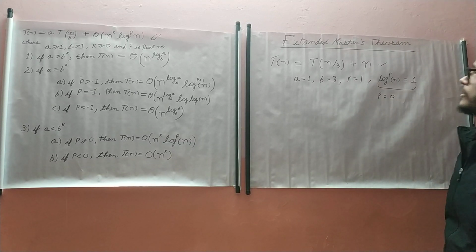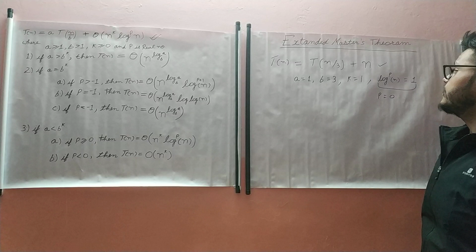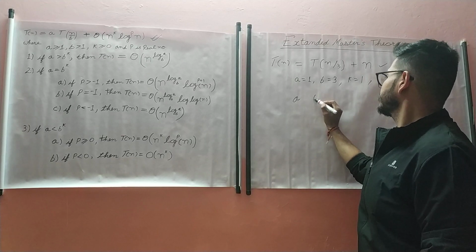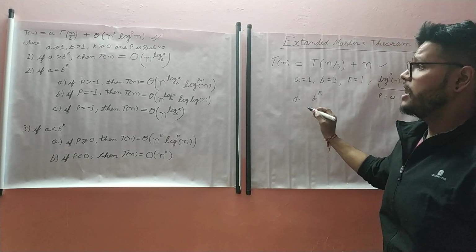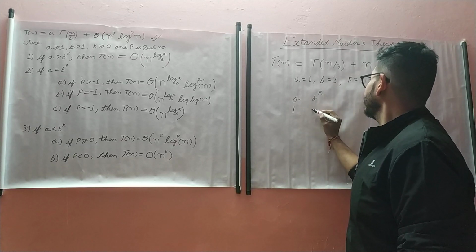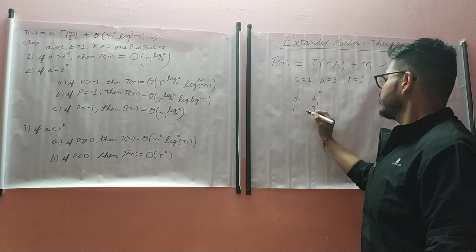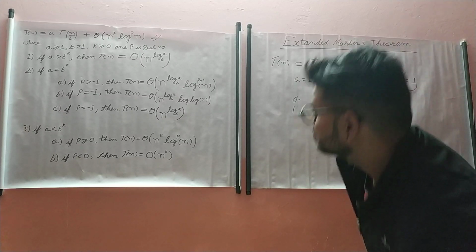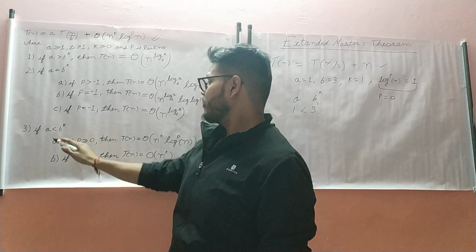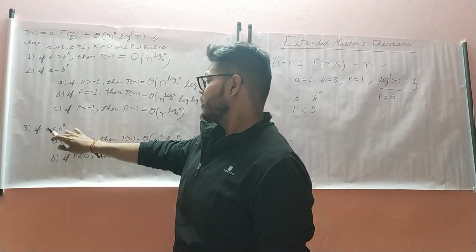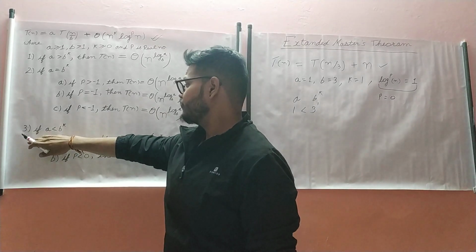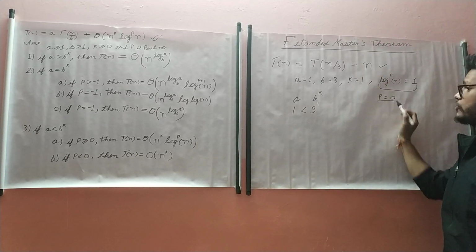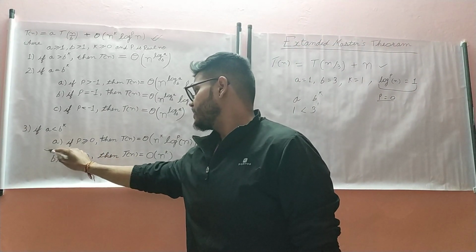Now we will compare a and b^k. Where a = 1 and b = 3, so b^k is more than a. So we will apply this case. Now we will look at the value of p. p = 0, so we will apply this one.